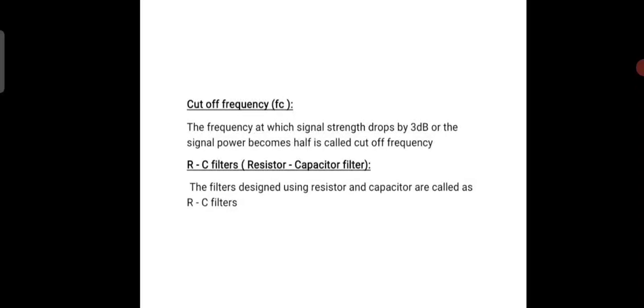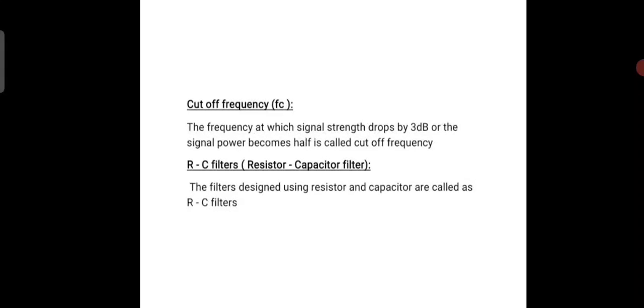As I mentioned about the different types of filters, those frequency filters are constructed using an RC combination. Hence it is also called an RC filter, which means a resistor capacitor filter. In general, a frequency filter is designed using this combination.